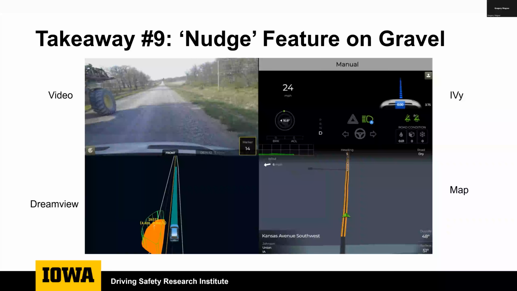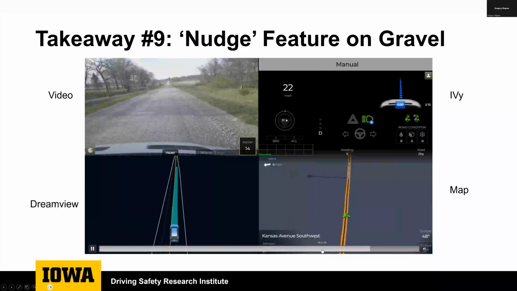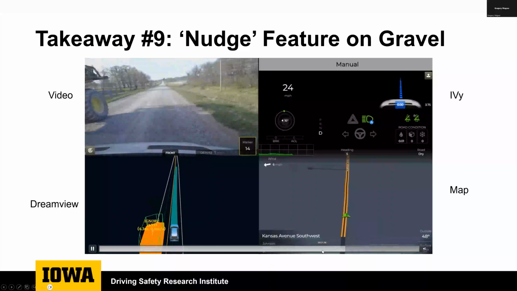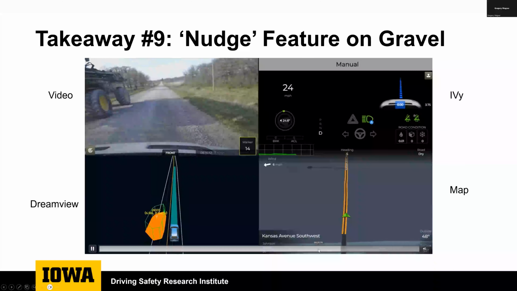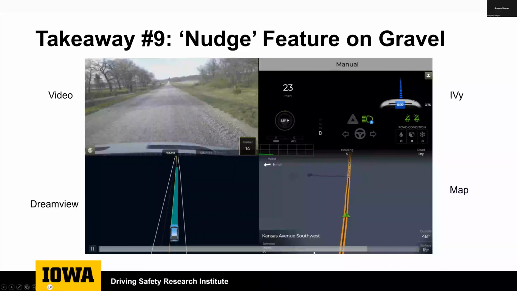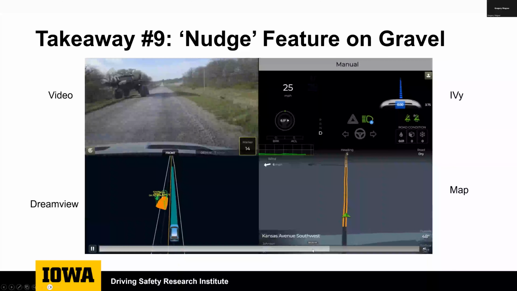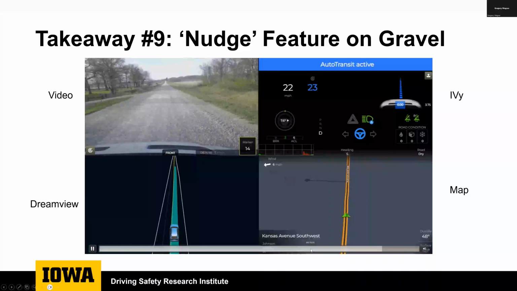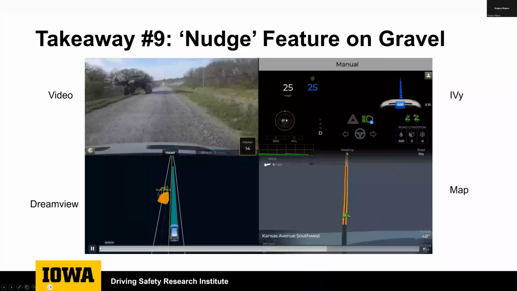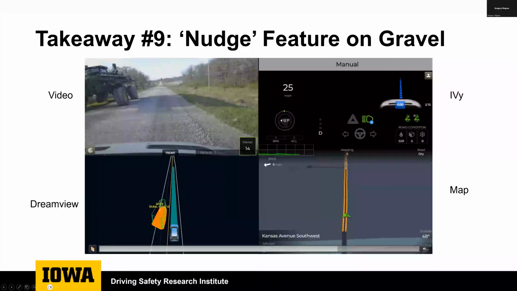You'll notice the safety driver will actually drive over, and before they get adjusted here, they position themselves naturally beyond the center line of the road, which is just like we talked about, more natural as a human driving in the middle of the road and then nudging to the right when meeting other vehicles or other obstacles. So ideally our automation would have nudged the transit to the right sooner, but that was not possible in this case.